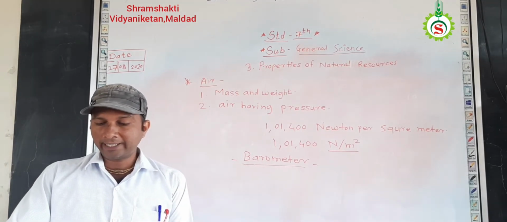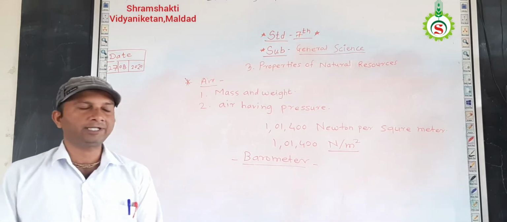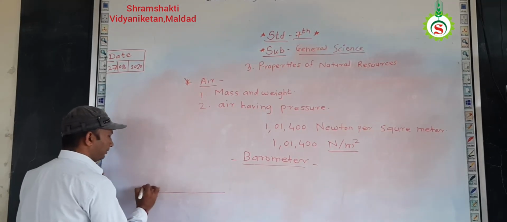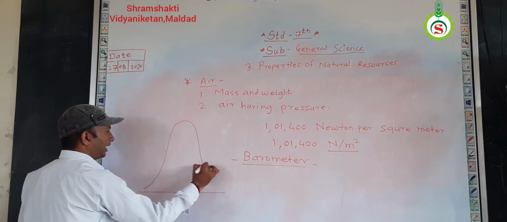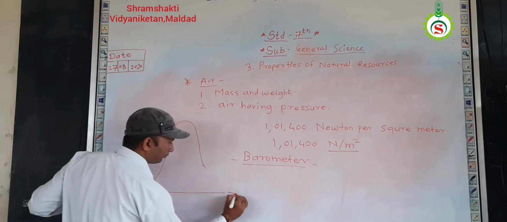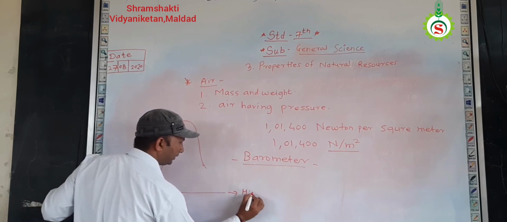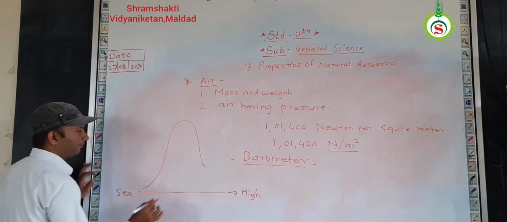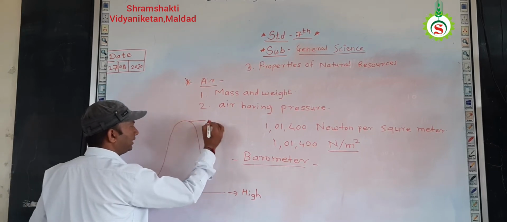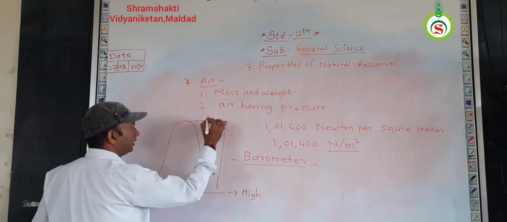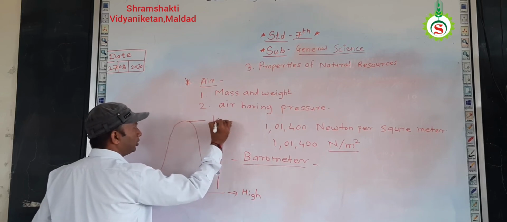As we go higher above sea level, atmospheric pressure decreases. For example, here is the sea, and upside there is a mountain near it. Near the sea, the atmospheric pressure is high, and the mountain is upside. As we go from downside to upside, the atmospheric pressure is low.